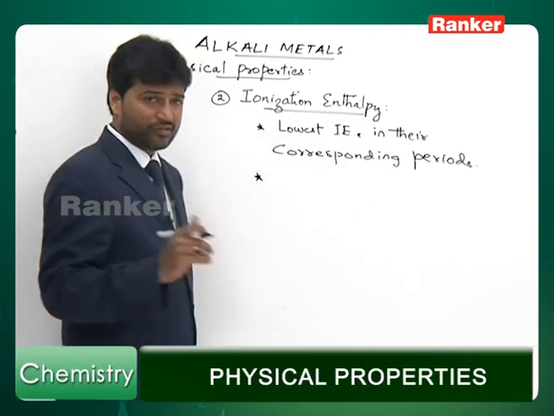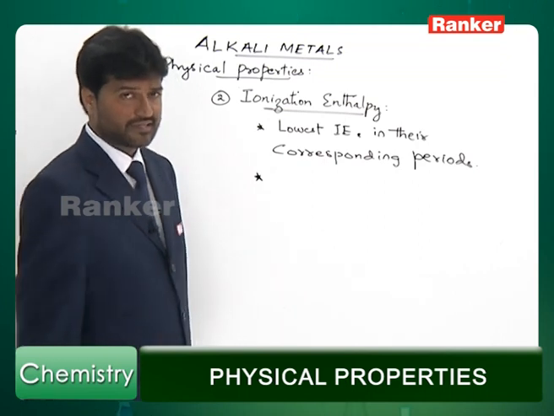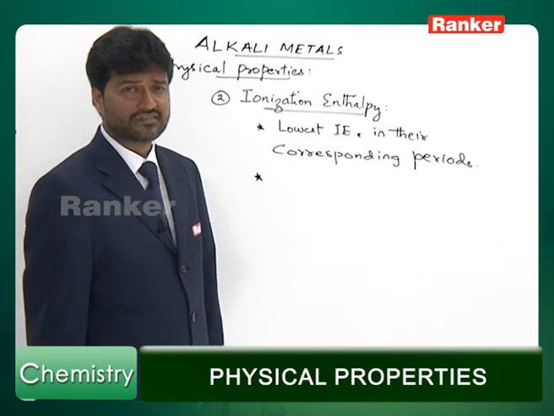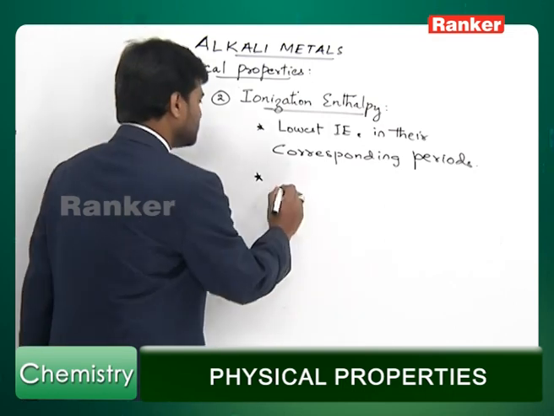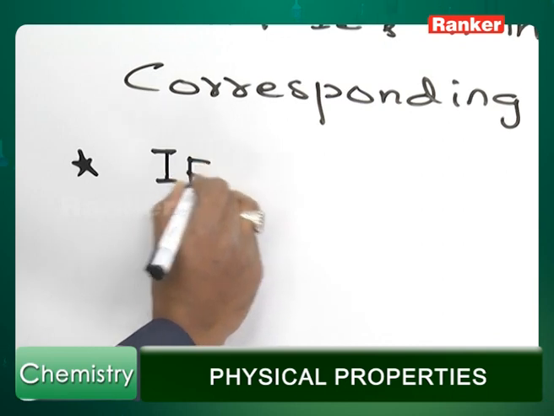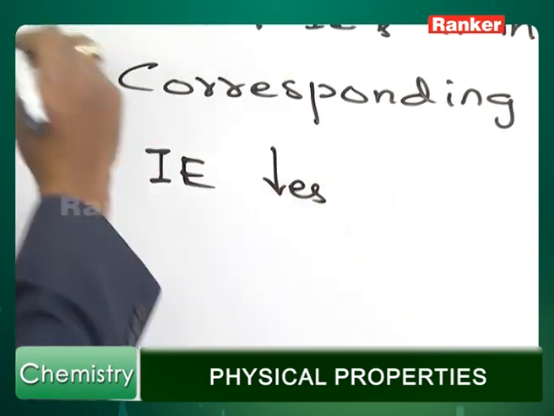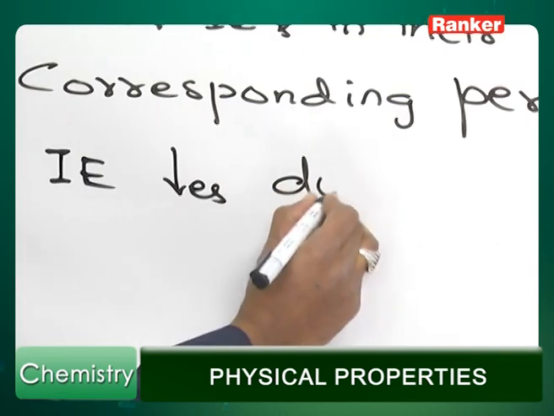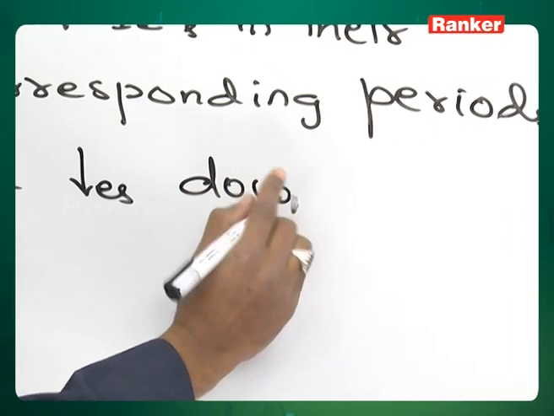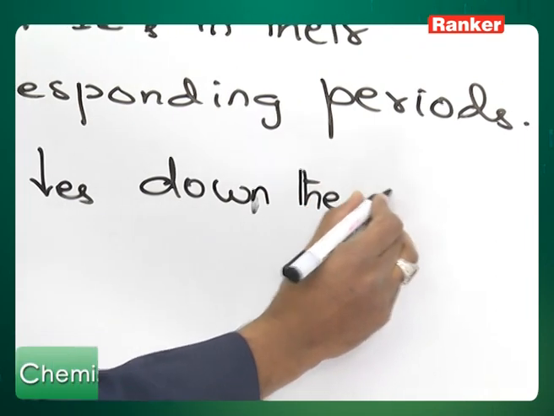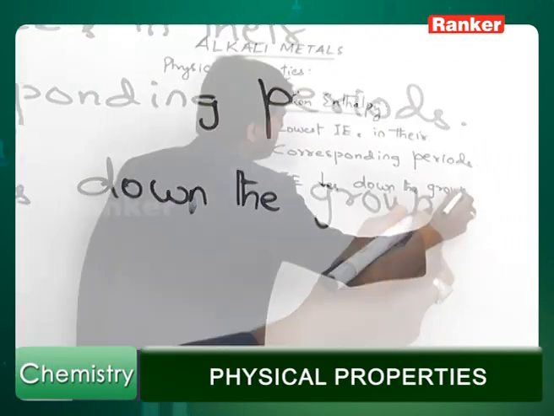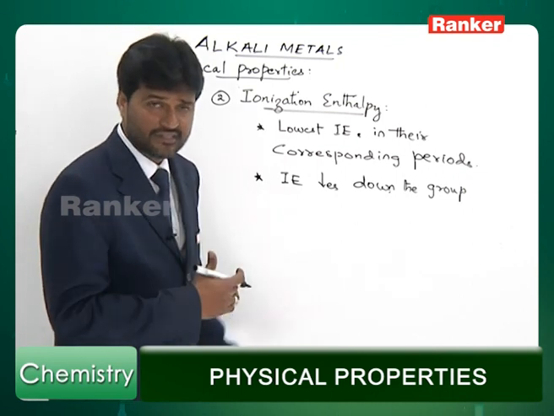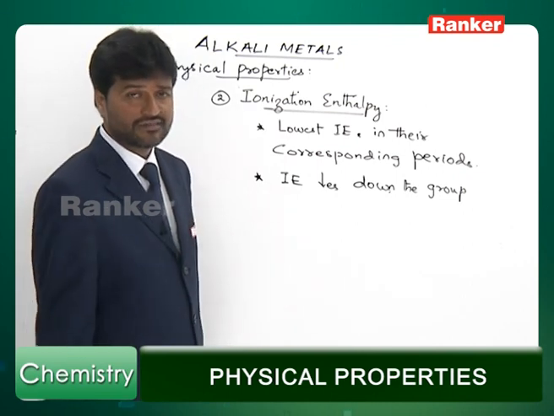And then another point you need to know about ionization enthalpy of alkali metals is that on descending down the group, ionization enthalpy decreases due to increase in size, i.e. decreases down the group. So the element which has highest ionization enthalpy among them is lithium and the one with least ionization enthalpy is cesium.